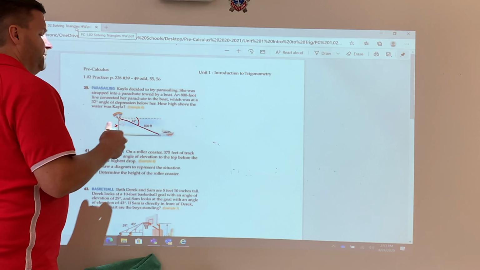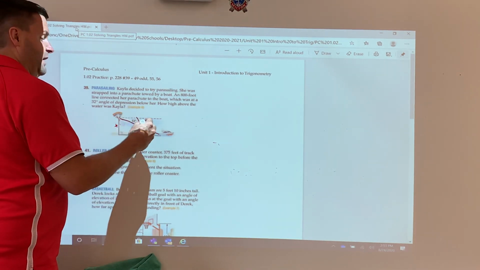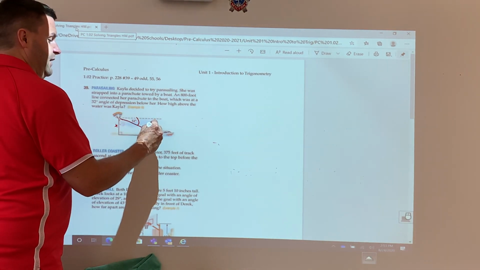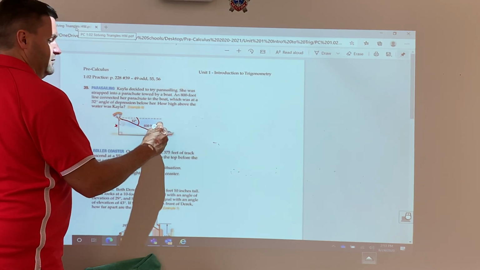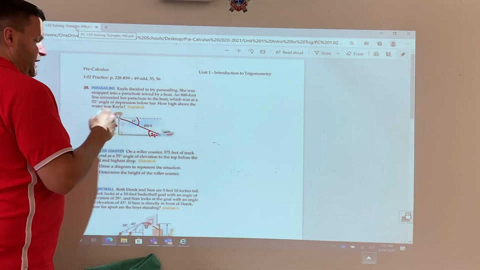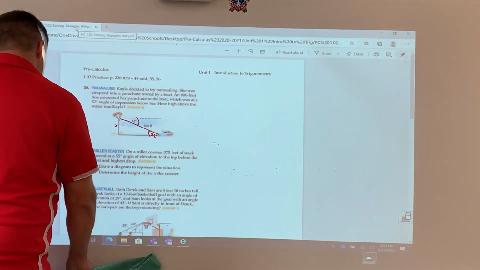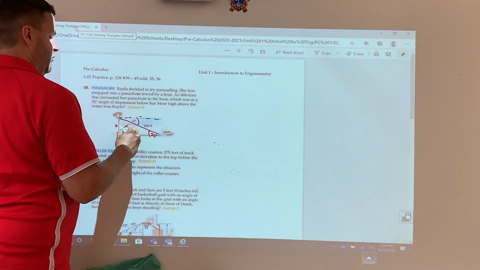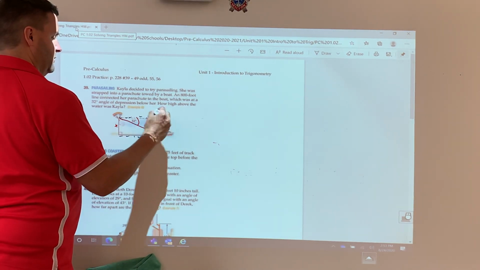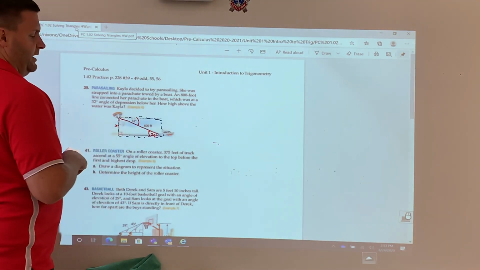All right. So what you need to understand is that if you're given an angle of depression, the angle of elevation is congruent to it. So this right here is also 32 degrees. Why? Because if I was to take a different color here, you would see that we've got this rectangular box.